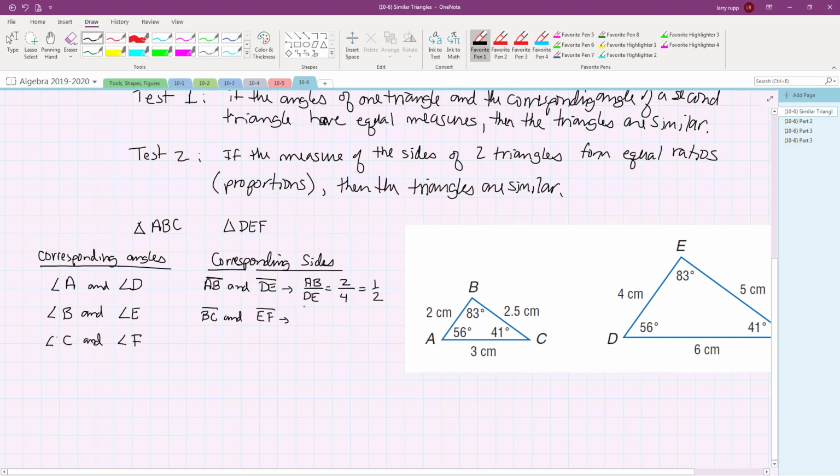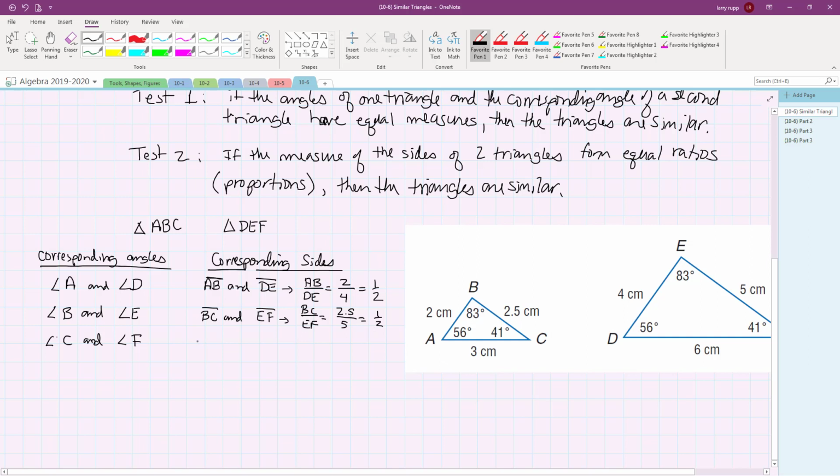The ratio of those two sides is BC over EF, which is equal to BC is 2.5 and EF is 5, and that again equals 1/2.